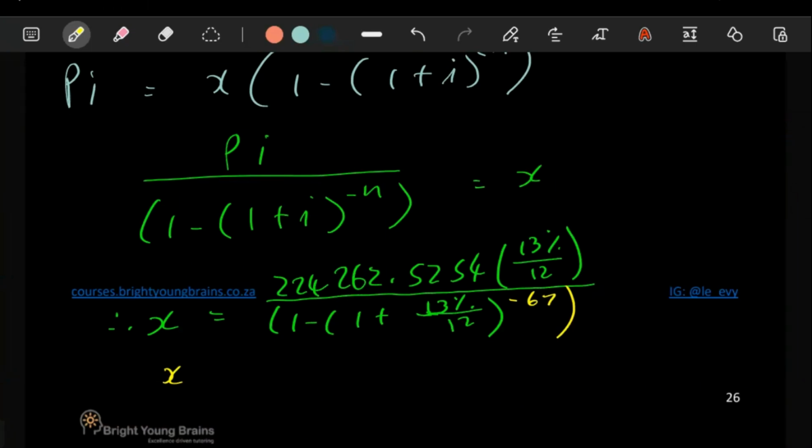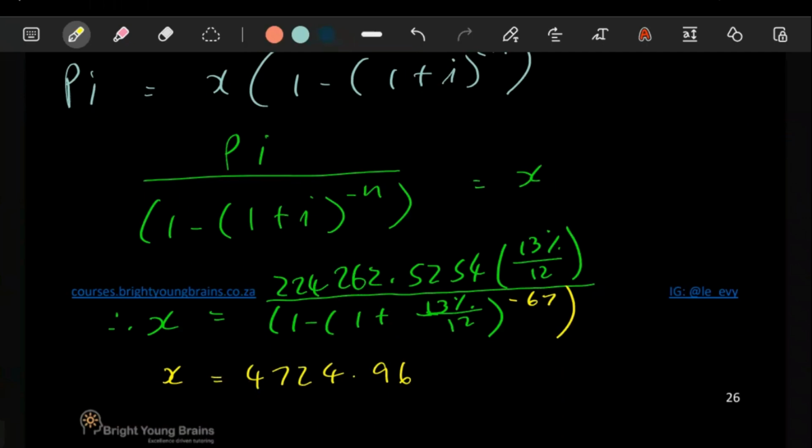And then you have 1 minus open bracket and close bracket, 1 plus 13 shift percent over 12, the whole thing to the power negative 67. 4,724.96. There we go. Let's keep on moving.